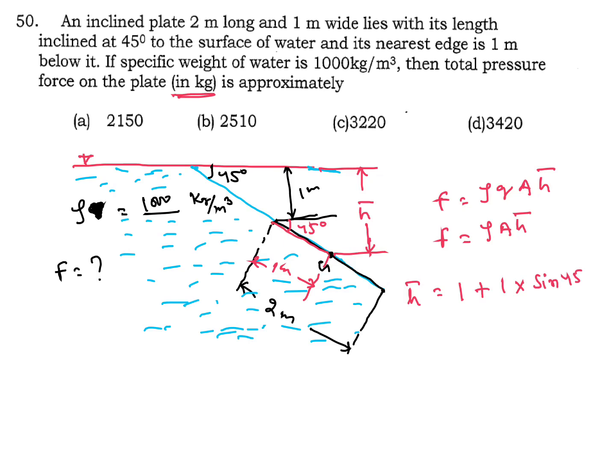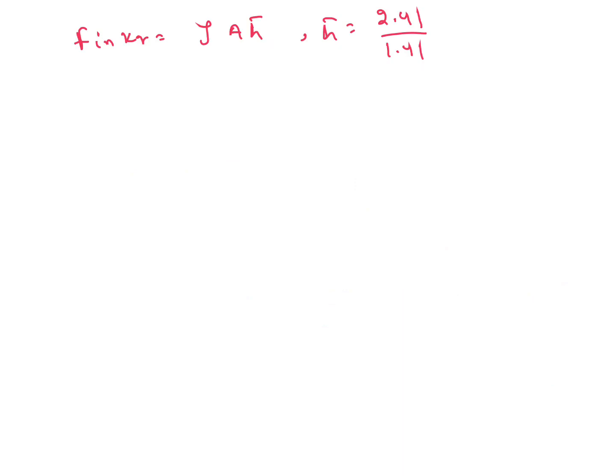So 1 plus 1 by root 2. So root 2 value is 1.41. 1 plus 1 by 1.41. 2.41 by 1.41. So h bar we got, rho also given, only area. H we got 2.41 by 1.41.